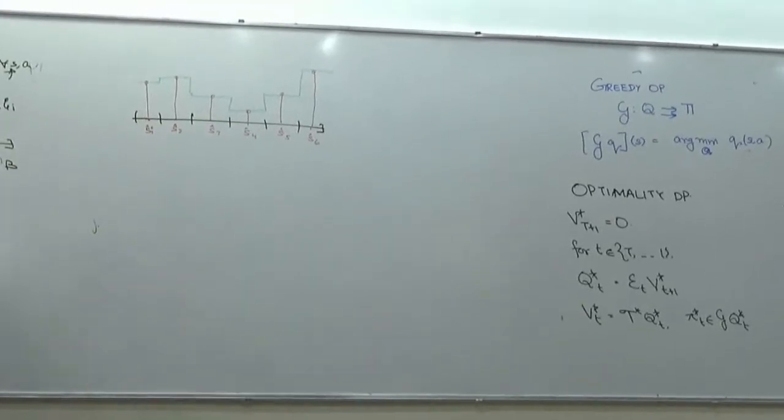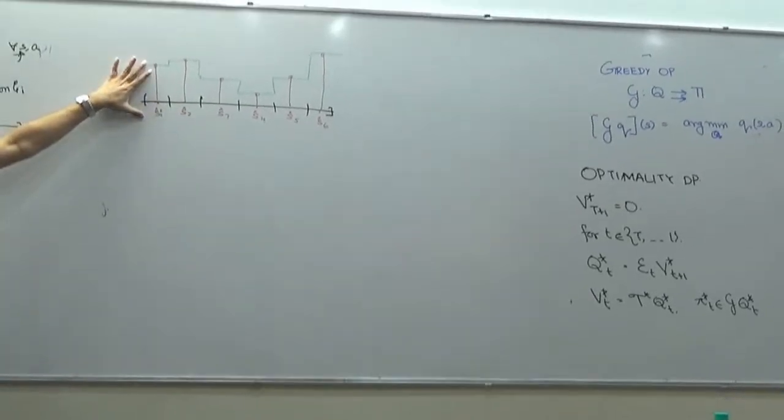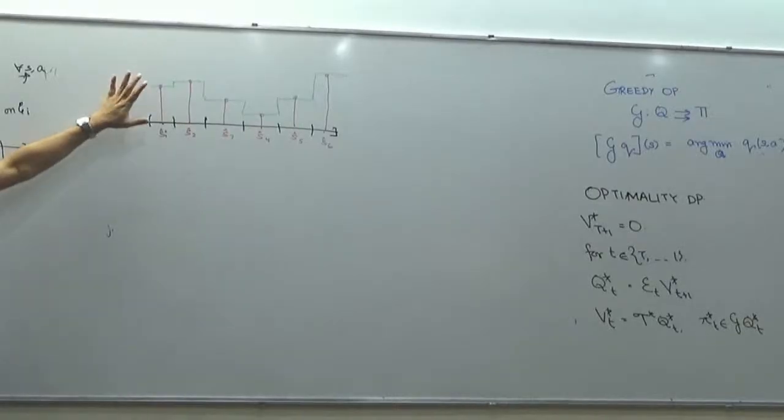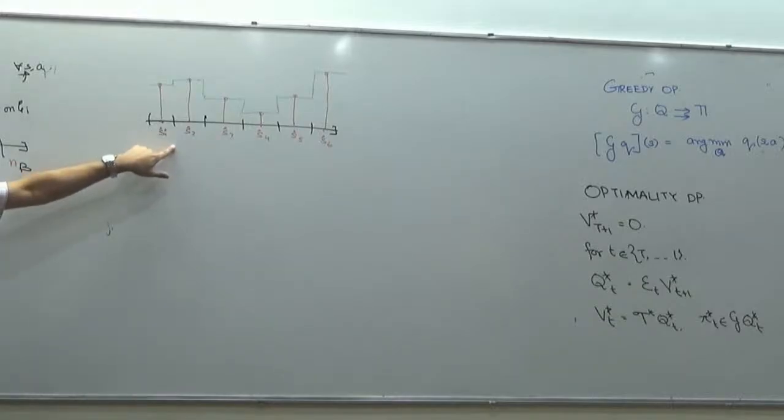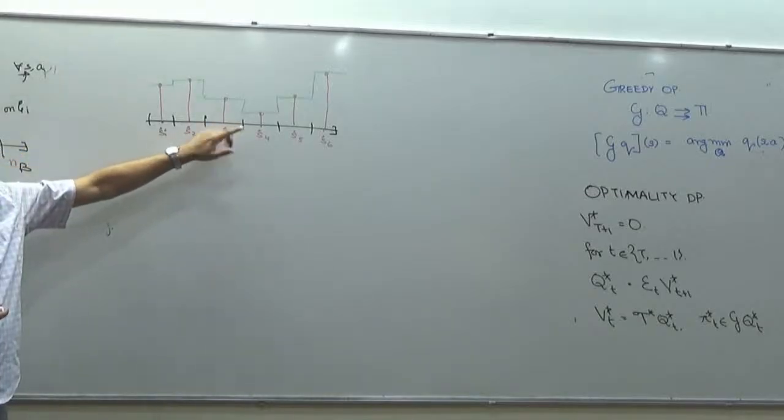There will be a similar approximation for the policy. For the time being, I'll not worry about the policy. So, one question is, is this a good approximation? Clearly, I know from continuity intuition that as I keep on increasing the number of bin points, this approximation will become closer and closer to the true value function.